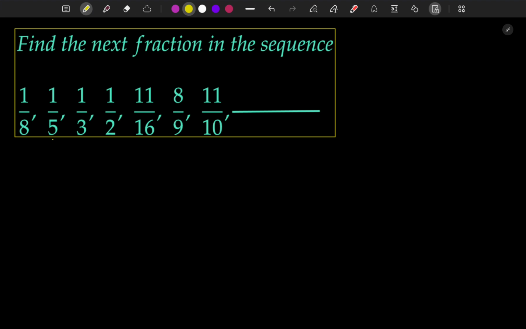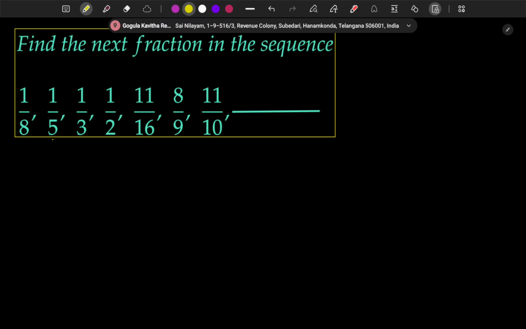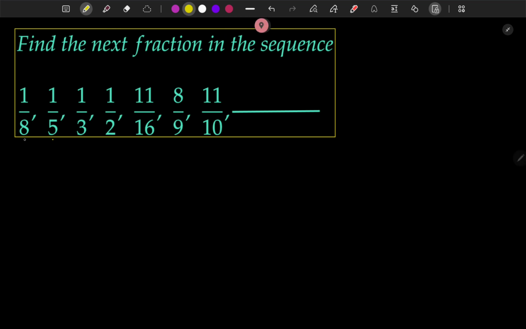For this, I am going to convert all these fractions into equivalent fractions. Suppose there is 1 by 8, for 1 by 8 an equivalent fraction, for 1 by 5 an equivalent fraction, like that, I am going to change the fractions into equivalent fractions. So I am writing the first fraction as it is, that is 1 by 8. For the second fraction, I am going to multiply the numerator and denominator by 2.